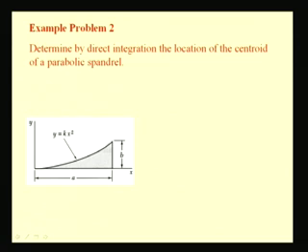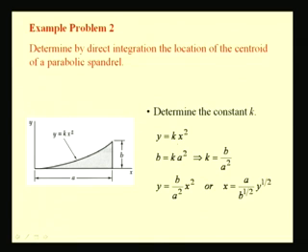To proceed with this problem, first we have to determine the value of k. We find that by substituting the end condition, that y is equal to b when x is equal to a, and from that we find the value of k, and thus the equation of this parabola as y equal to b by a square x square.